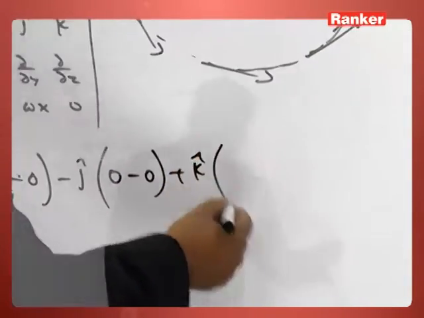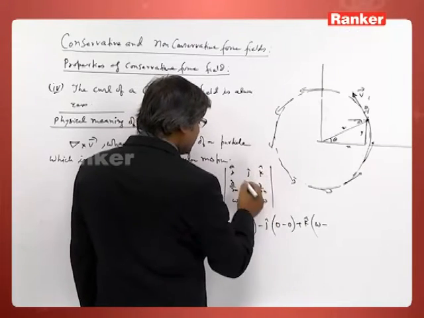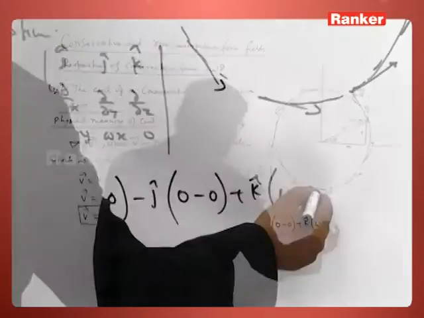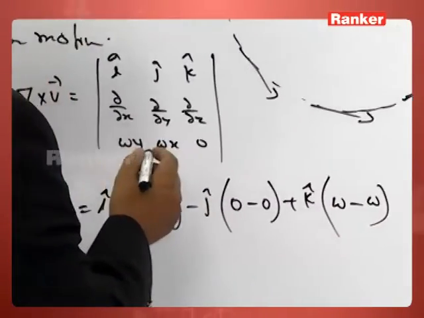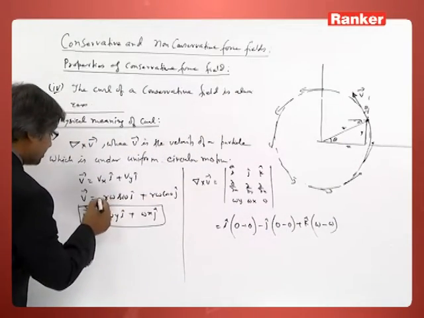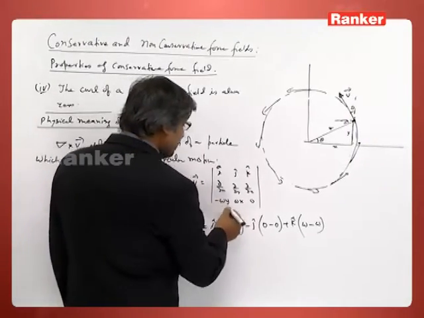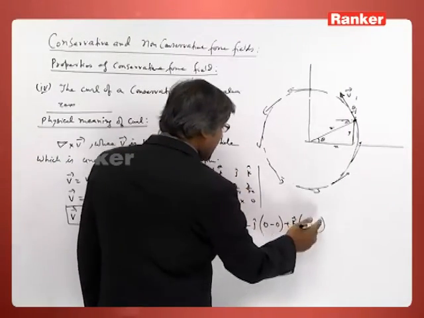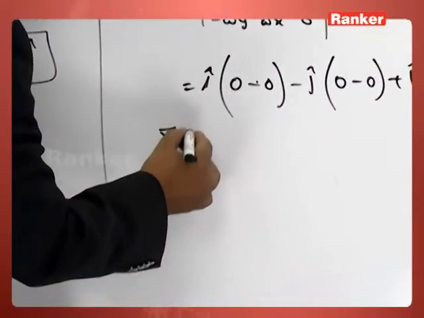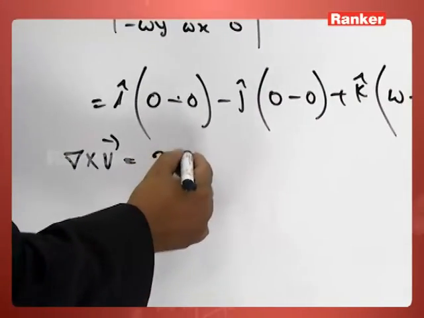Then I have k times dou by dou x of omega x, which is omega, minus dou by dou y of omega y, which is omega with the sign taken care of, so we get plus here. So now we will get 2 omega k. What I got is curl of V equal to 2 omega k.